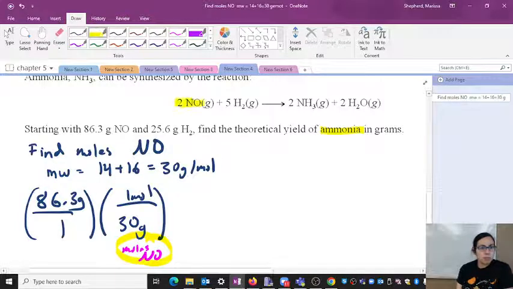So I'd want to compare NO and ammonia, right? So that's what I would do next, because we have moles of NO, or at least we will have a number. And then our next step is our mole-mole ratio.